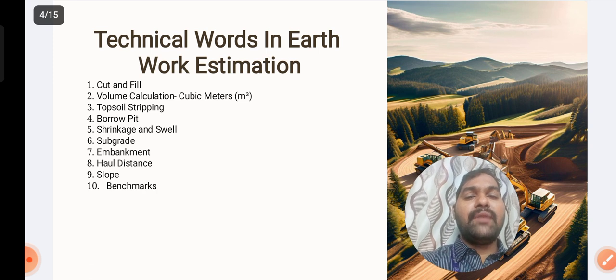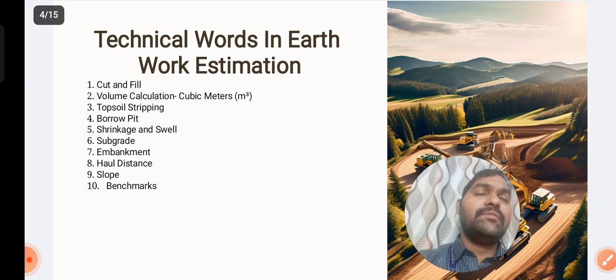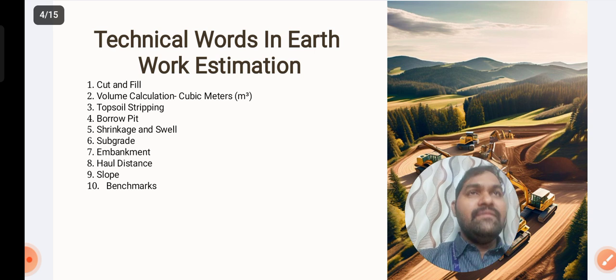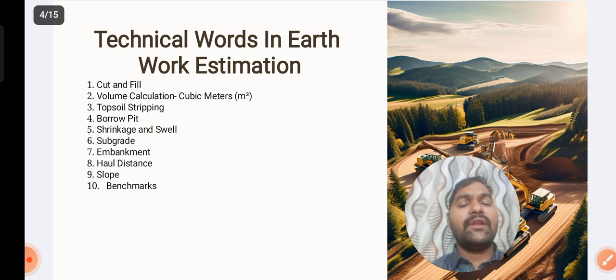And coming to the embankment, embankment is nothing but, sometimes the profile is very much more than the existing ground profile, very much more than the proposed level.